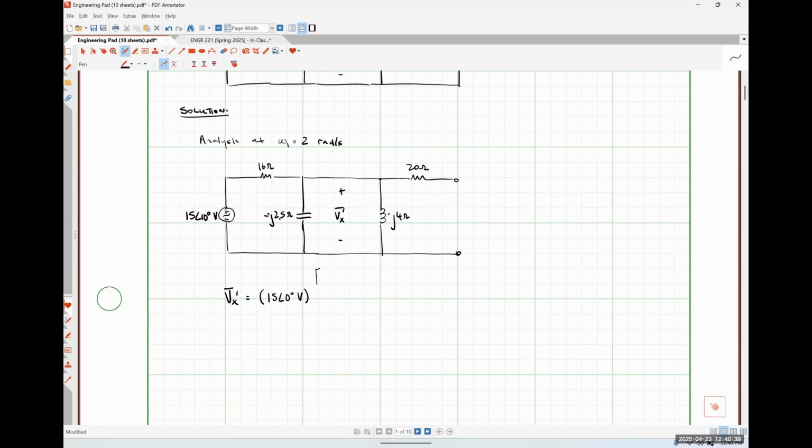Then I'm going to have the ratio of my impedances. So the impedance that I'm finding the voltage drop over is that minus J2.5 ohms in parallel with J4 ohms.